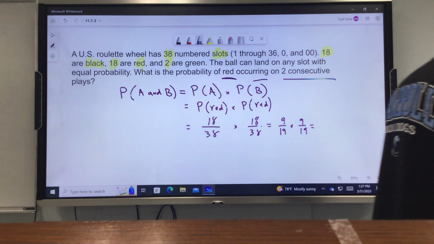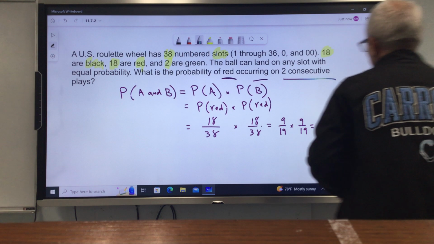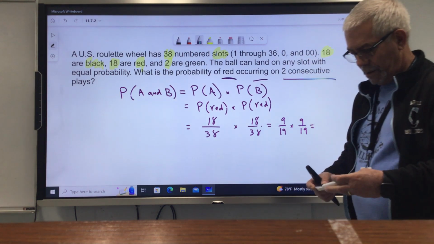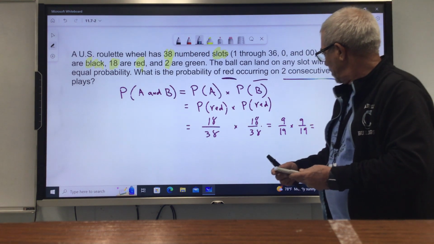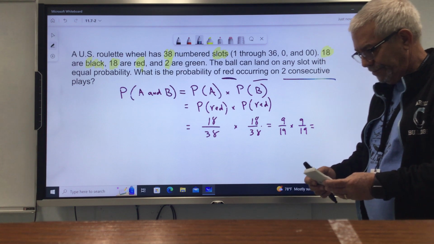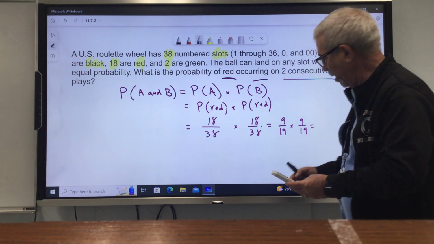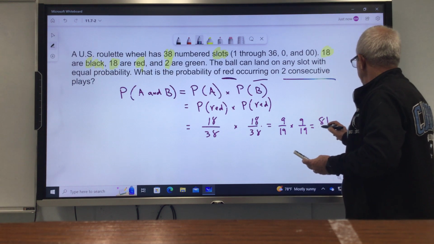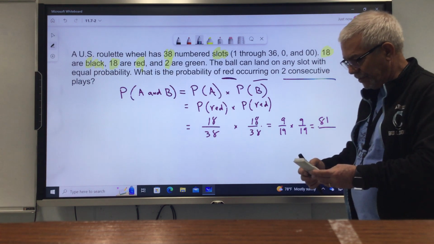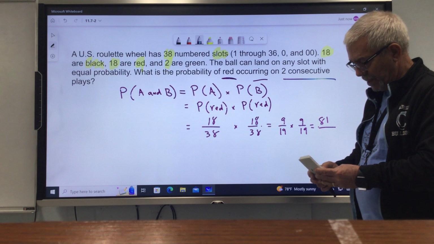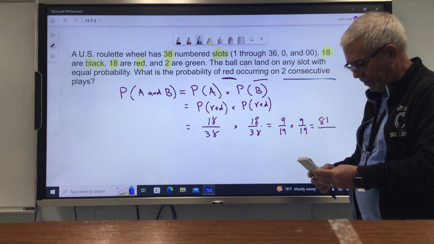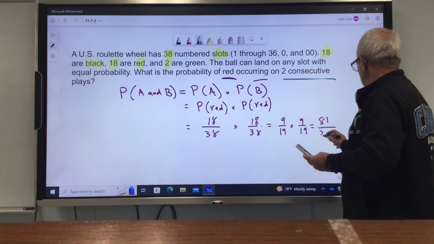In this case, they want the answer as a decimal. 9 times 9 is 81, divided by 19 times 19, which is 361.